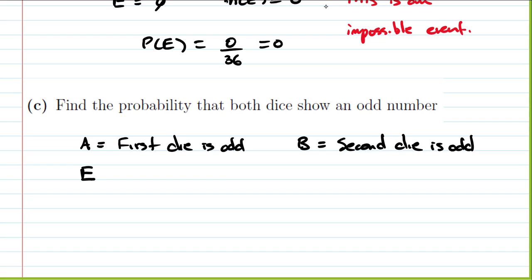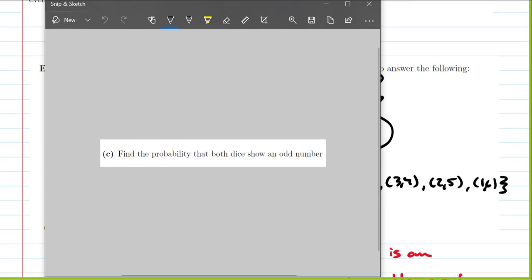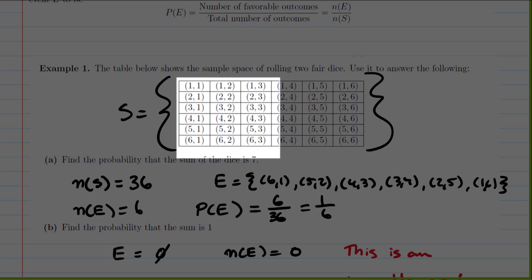Then E, since we want both of them, that's going to be an AND, or an intersection. So E is the intersection of the events A and B. Right? So we need to count the number of things in A and B. So let's count them directly, and then we'll use some formulas to help us out with that.